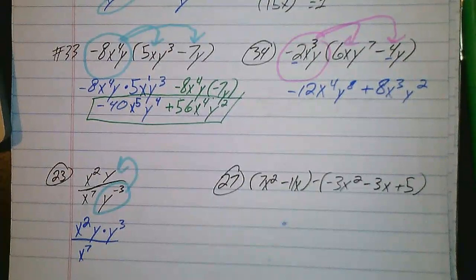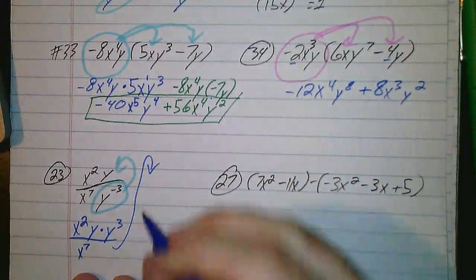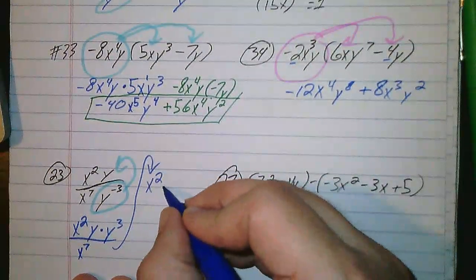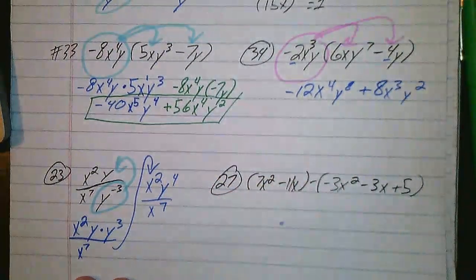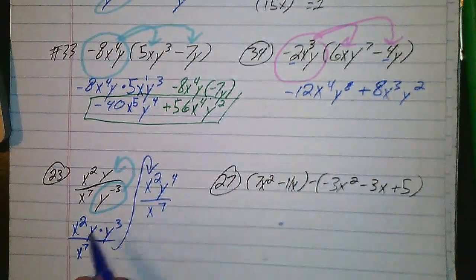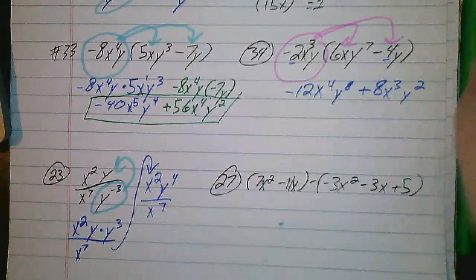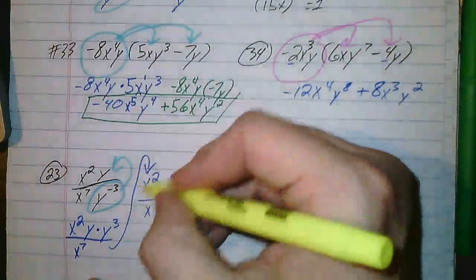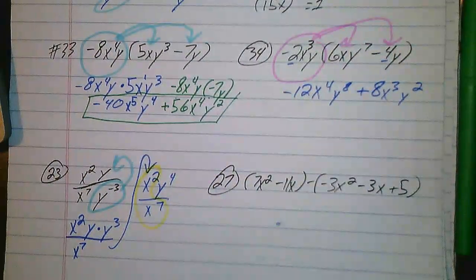So we'll clean this up a bit. I have x squared y to the fourth over x to the seventh, because y times y cubed gives us y to the fourth. And now all we need to do is simplify this x squared over x to the seventh.